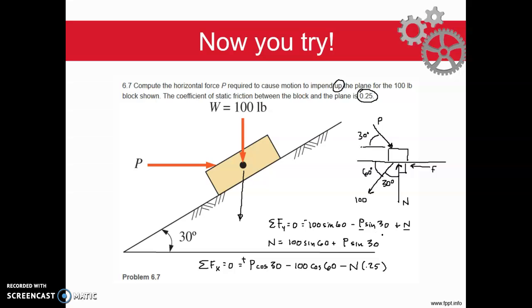So we can use the method of substitution here.